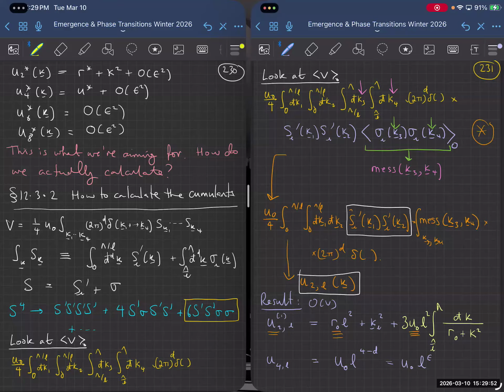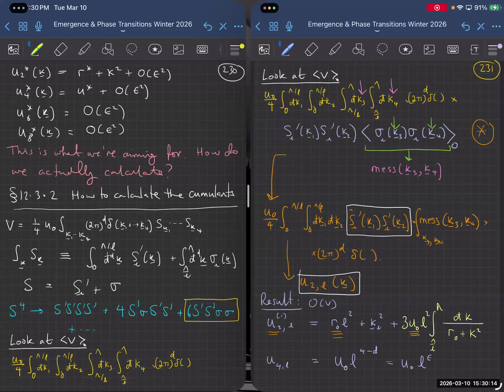If there was another term that went as epsilon squared, then when I took the logarithm and wrote down the renormalization group recursion relation, I would have a non-zero fixed point. If I have just this and I look to see, is there a non-trivial fixed point? The answer is no. The only fixed point is U naught equal to 0.